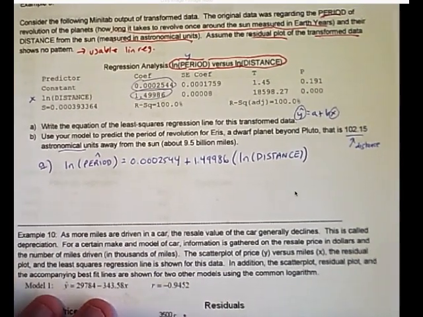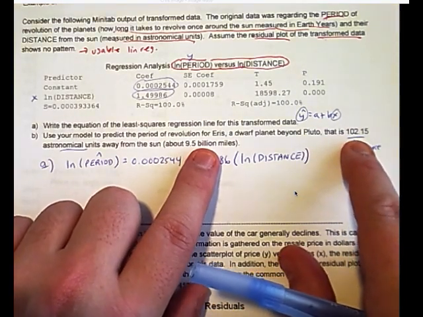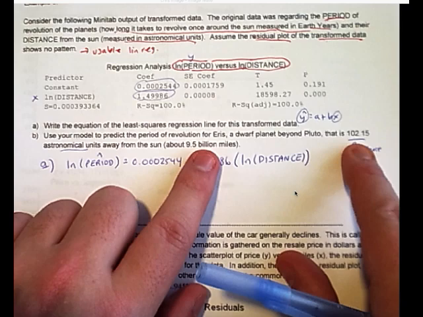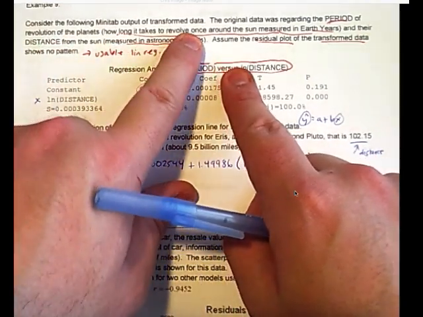Okay, so which number do we use? Do we use the 102.15 or the 9.5 billion miles? We have to go back up to the stem. The distance is measured in astronomical units.